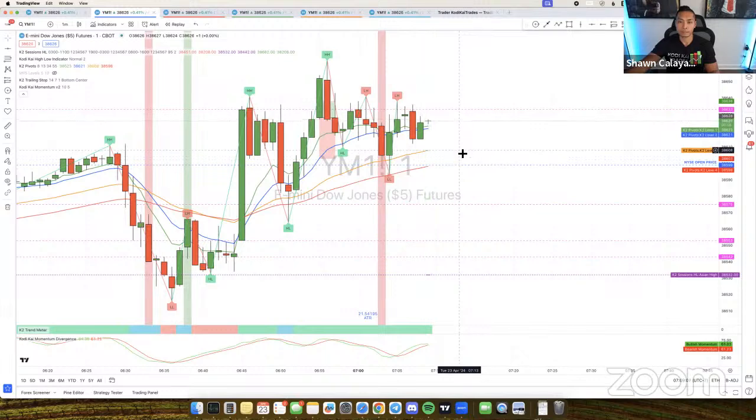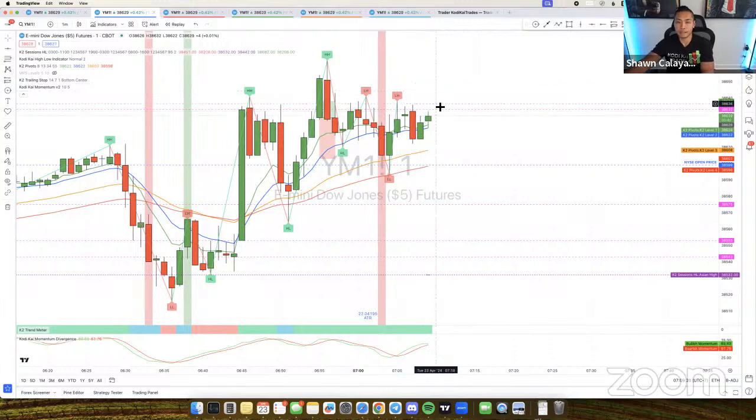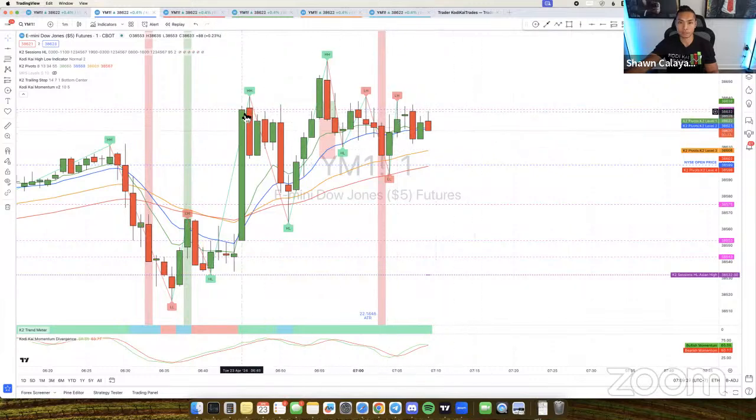All right, so we got another pending buy signal here. It's been pending buy for a while now. Like I said earlier, I want price to be up here. It's got to be a bit higher because I don't want the continuation to be too close to the news price. You guys can see how price is respecting the news price right here.